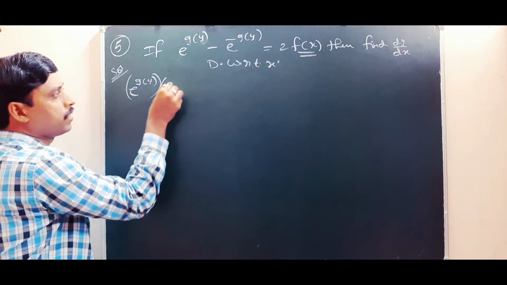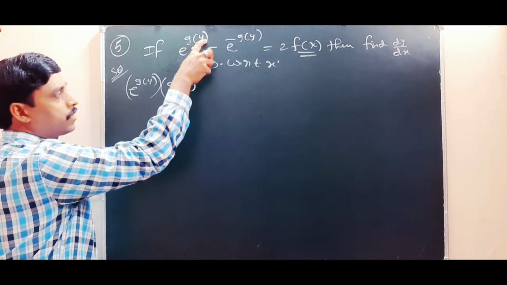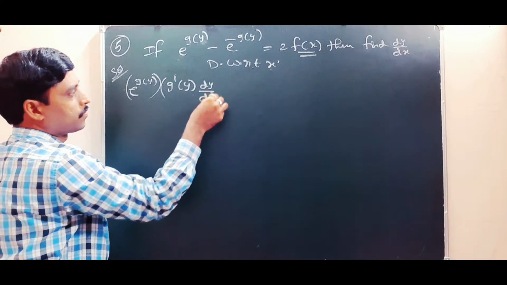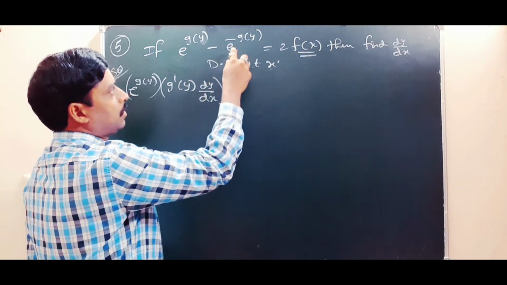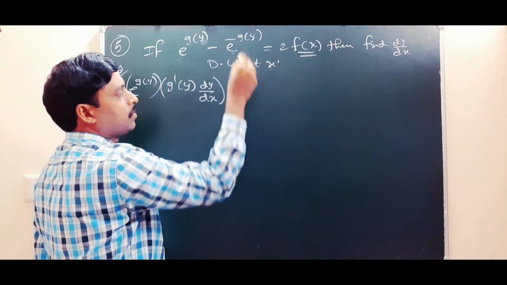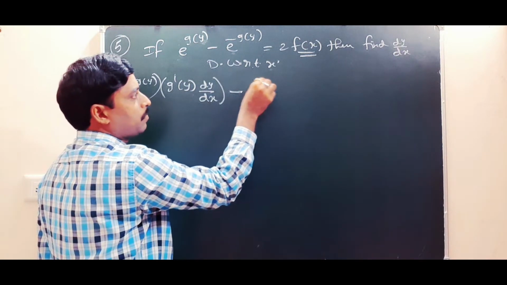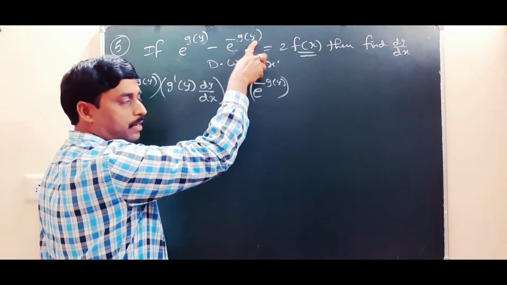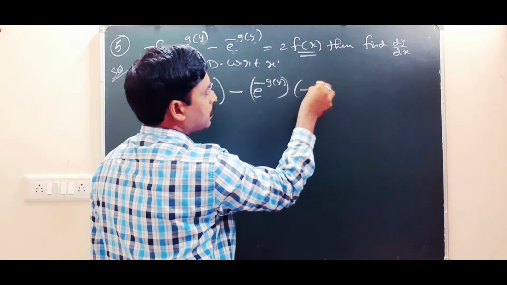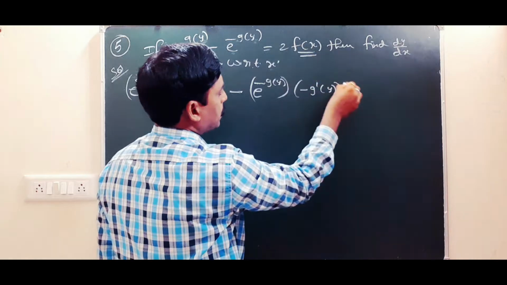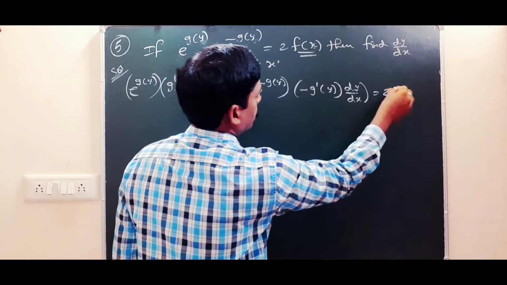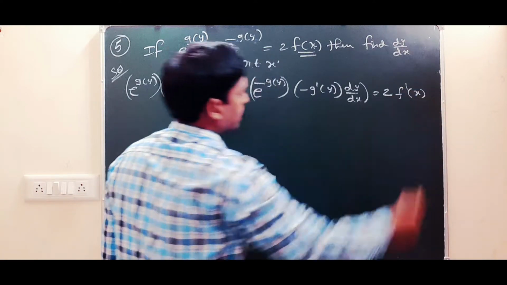Differentiation of g of y is g dash y, into dy by dx, minus differentiation of e to the power minus g of y, which is e to the power minus g of y into differentiation of minus g of y, which is minus g dash y, into dy by dx, equal to 2 times of differentiation of f of x, which is f dash x.